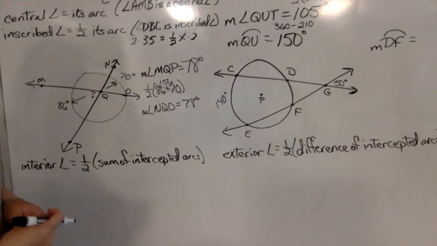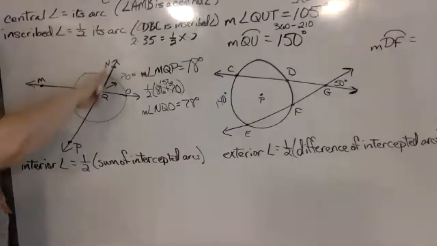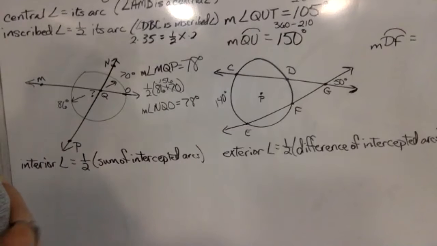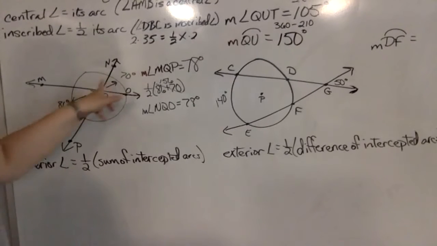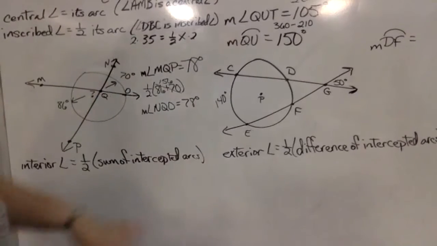Okay? If I wanted to know the measure of this one, I know that they have to make a straight line, which equals how much? 180. So I could take 180 minus the 78 and find what that one would be. Okay, but I don't think you have to do that on the quiz, so that's what you need to focus on, is just those.